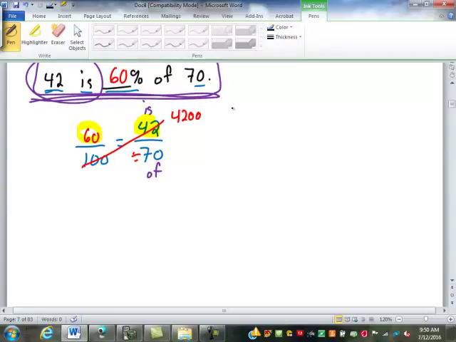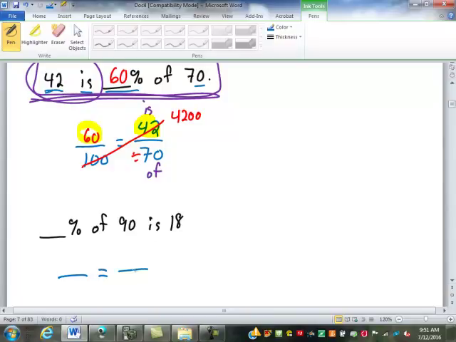So if I give you blank percent of 90 is 18. Where would I start this problem? Well, we always start with the percent.